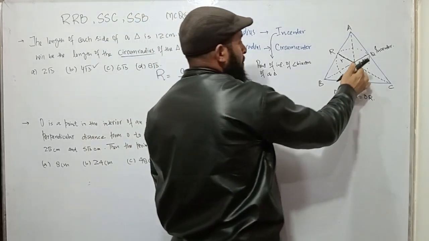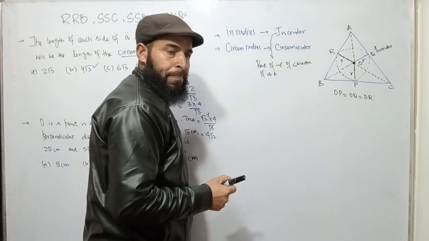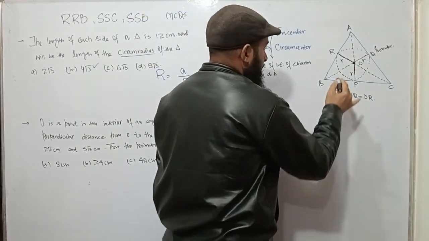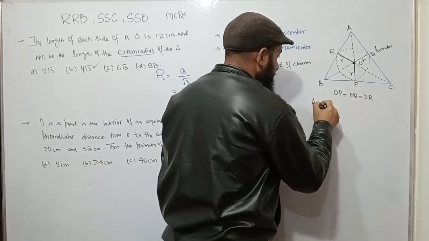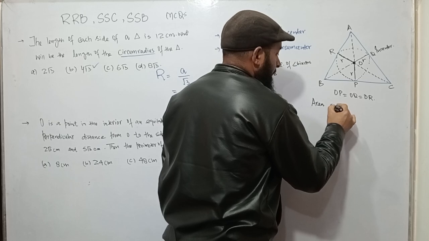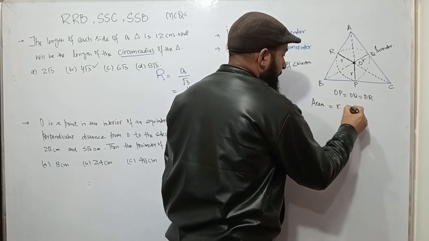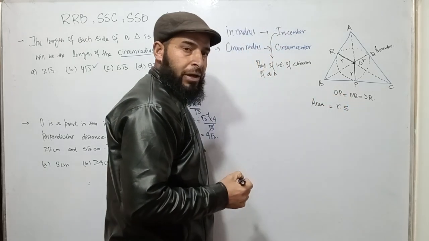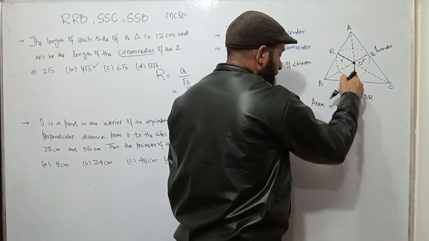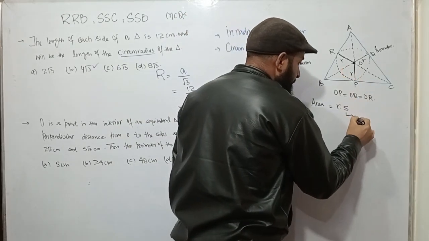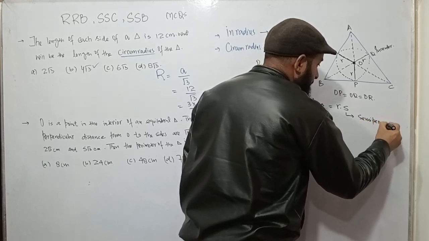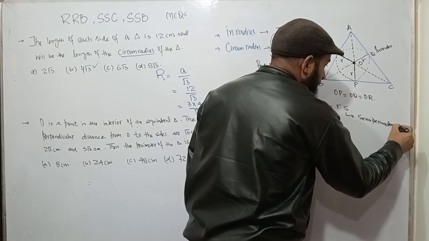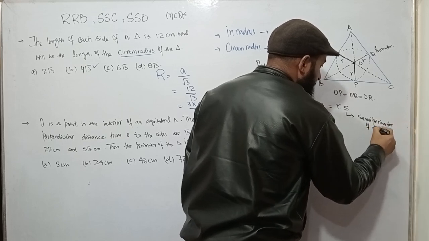So this is about the incenter. Also, the area of this triangle is equal to R dot S. R is the inradius and this S is the semi-perimeter of the triangle.